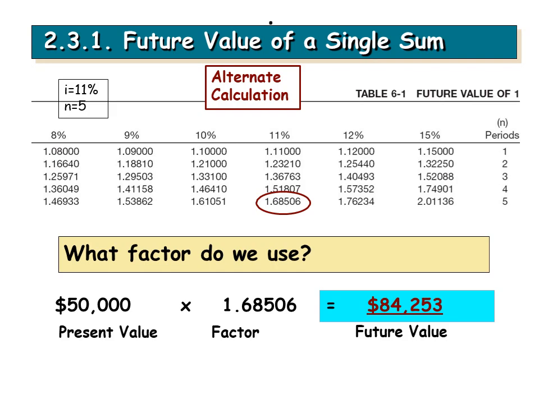This is the same as the previous slide value. $84,253 is the future value. Today you invest $50,000, then in the future you get $84,253, so your total interest is $34,253.